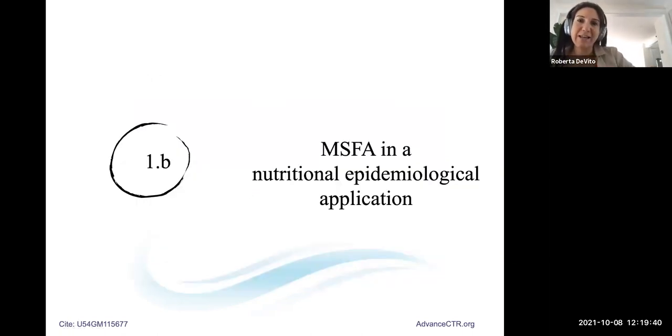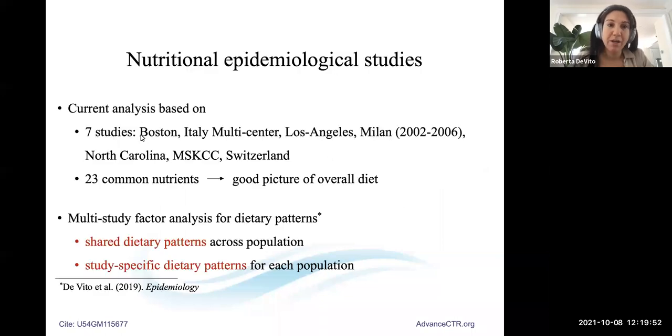I want to present another application, in nutritional epidemiological data, which is exactly the example that I showed you before. Here I have 7 studies, 4 coming from the United States and 3 coming from Europe.